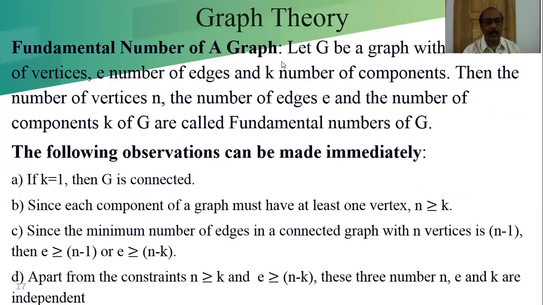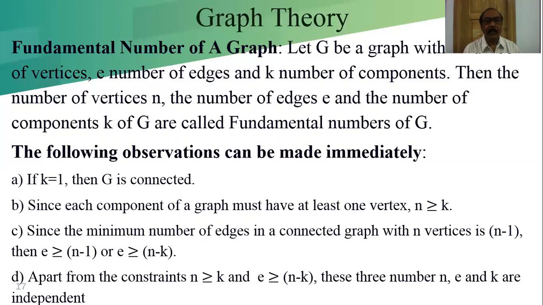Fundamental numbers of a graph. What are these fundamental numbers of a graph? Normally, when we are discussing a graph, we say a graph G with n number of vertices and e number of edges.